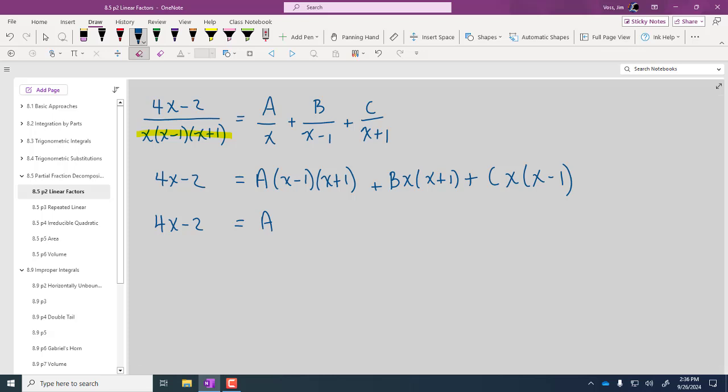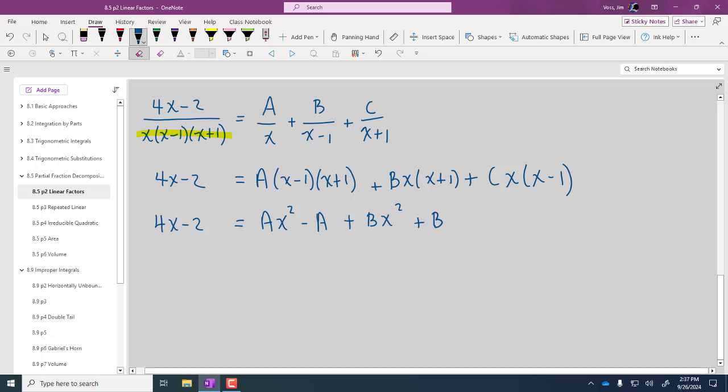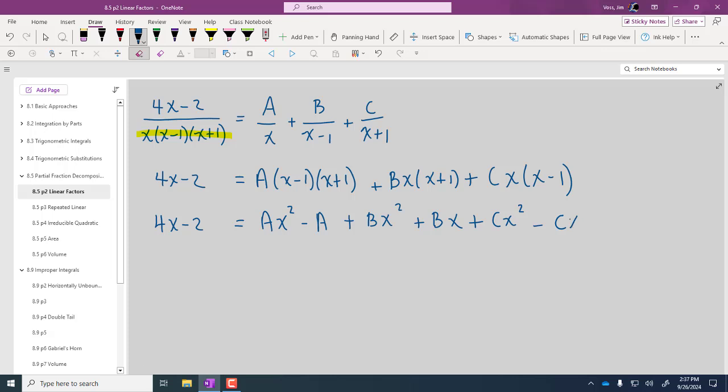First is x squared, then we have to multiply by a. Do you see the middle term? No middle term, because the inner and the outer cancel. And then the last is minus 1 multiplied by a. Here we have bx squared plus bx plus cx squared minus cx.